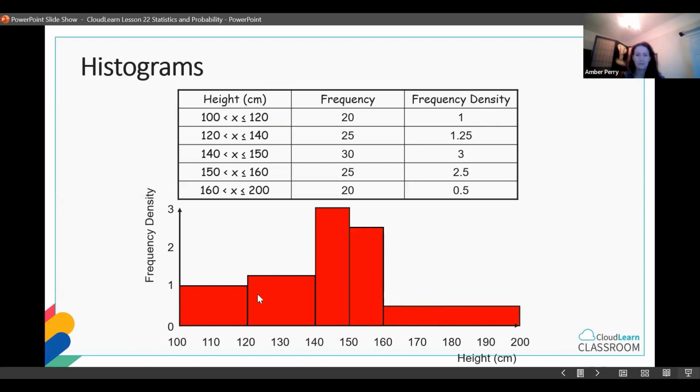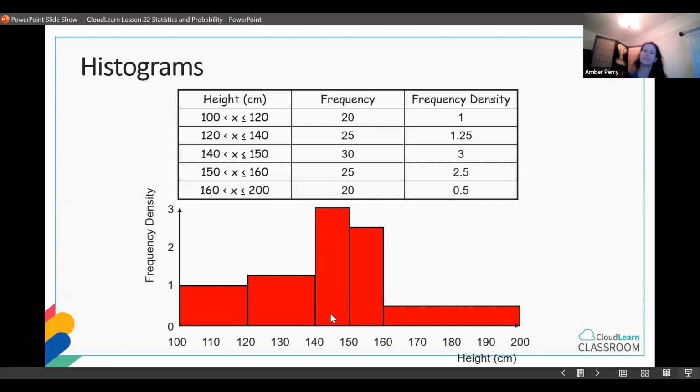We've got different width bars, but the area of each bar is proportional to the frequency. So this area is going to be 20 times 1, which is 20. And then the area of the next one is 20 times 1.25, which is 25. So that's how you work out the frequency for each one.